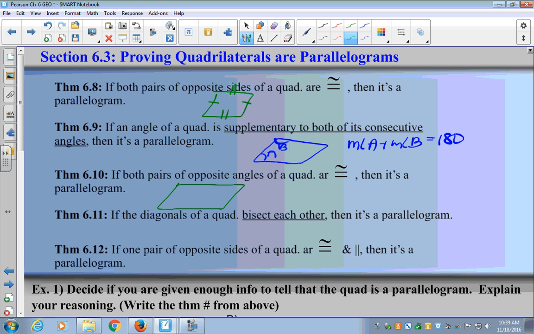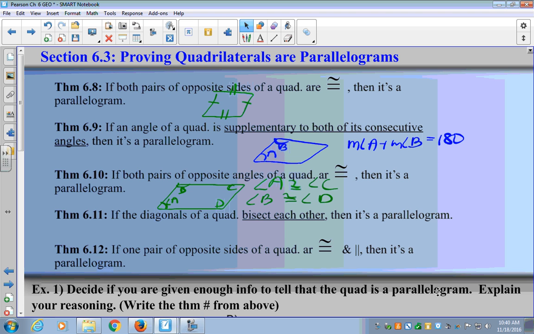That means if angle A is congruent to angle C, and angle B is congruent to angle D. Sorry, A, B, C, and D.